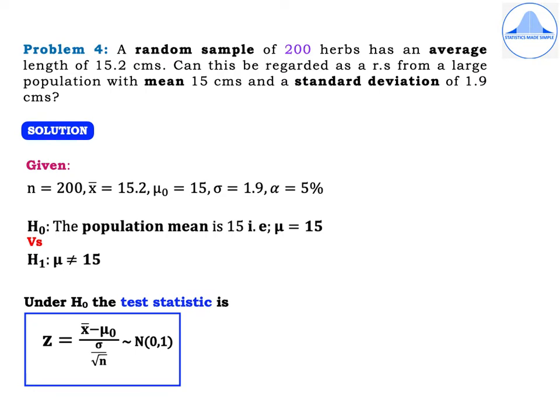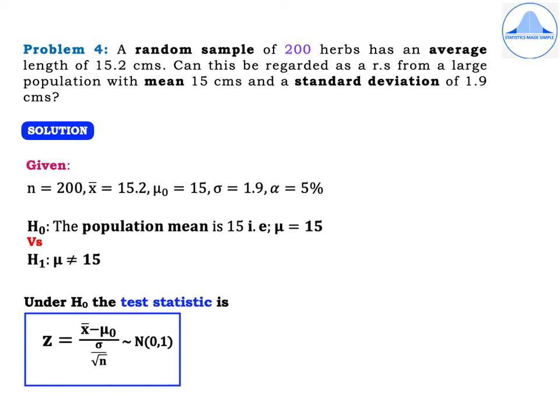So the mean of the population means it is mu. So in this case we'll write it as mu naught. So mu naught is equal to 15, and standard deviation of the population means it is sigma, which is equal to 1.9. And since the value of alpha is not mentioned, we take it as 5%.